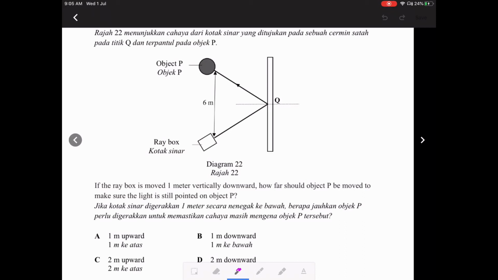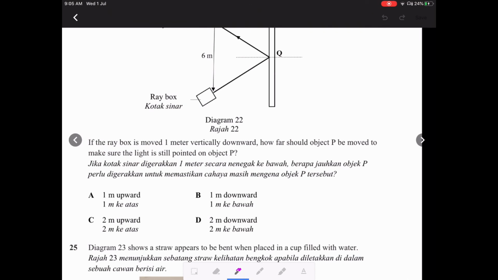Jika kotak sinar digerakkan 1 meter secara menegak ke bawah. Berapa jauhkah objek P? Okey, maknanya kalau ray box ni digerakkan 1 meter, dia moving ke sini 1 meter lagi.